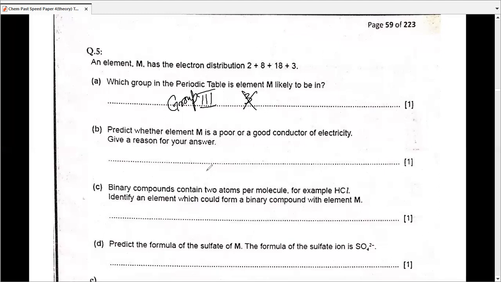Yes, it is a poor metal. No, group 3 are good metals. You don't need to write them as poor metals. Aluminum is not a poor metal. Apart from boron, all the elements of group 3 are good metals. So yes, good conductor of electricity because it's a metal.